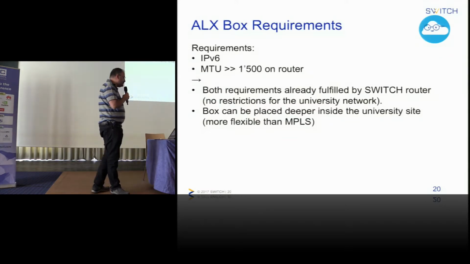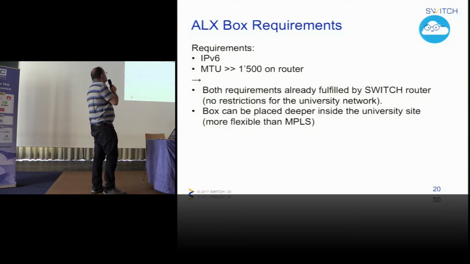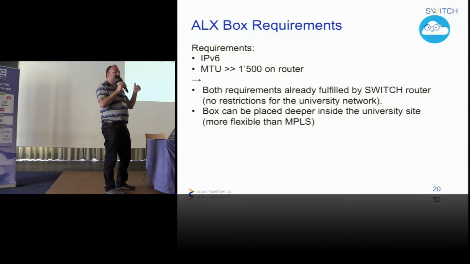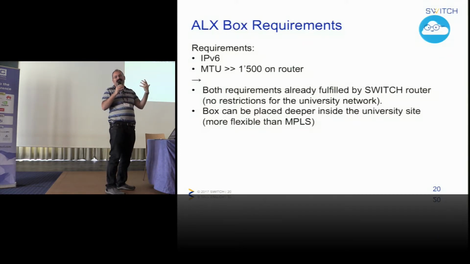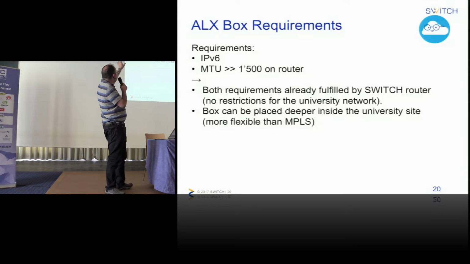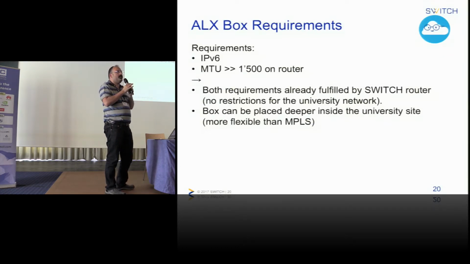So what do you need to use this setup? You need IPv6, but you don't need IPv6 at the university. You need it only at the border router. So this requirement is always satisfied because the SWITCH backbone has IPv6 everywhere. You need IPv6 inside the university network only if you want to terminate the tunnel somewhere else.